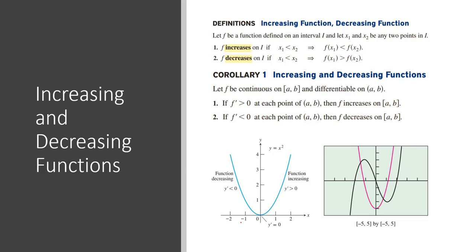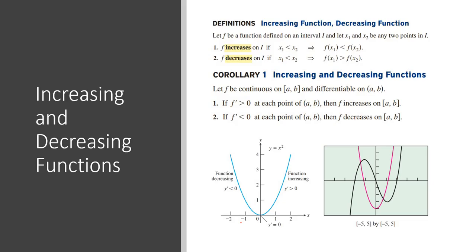Let's skip ahead to the definition of increasing functions and decreasing functions. We have here, let f be a function defined on an interval I, and let x1 and x2 be any 2 points in I. So number one, the function f increases on I if, when x1 is less than x2, the y value f of x1 is less than f of x2.